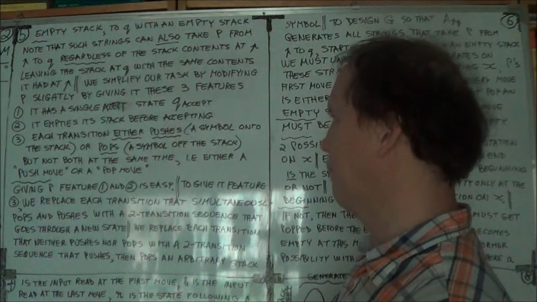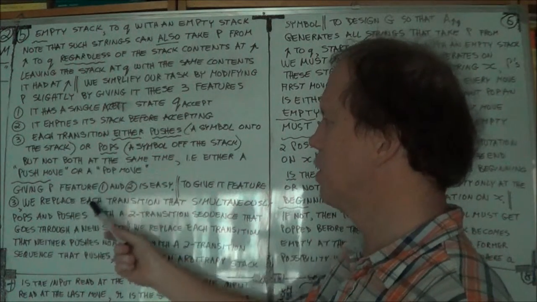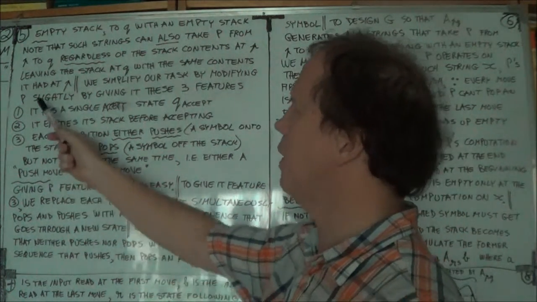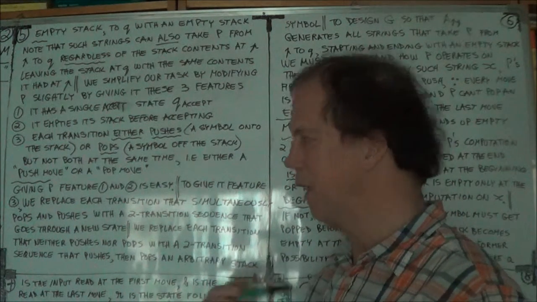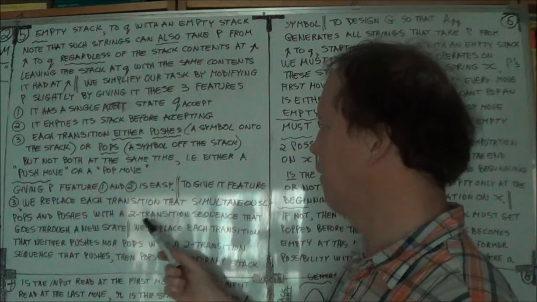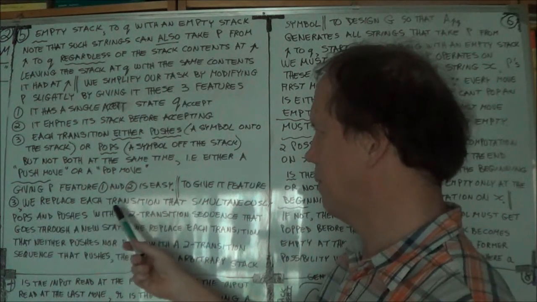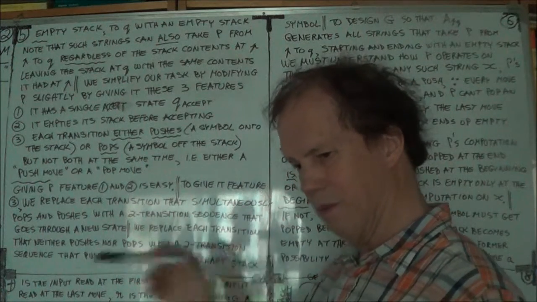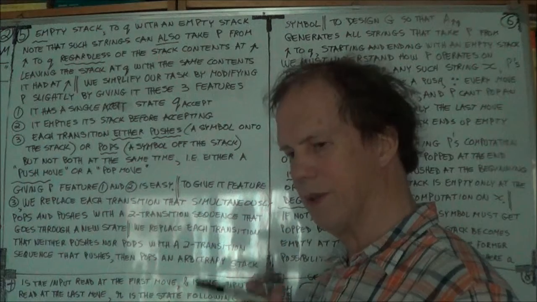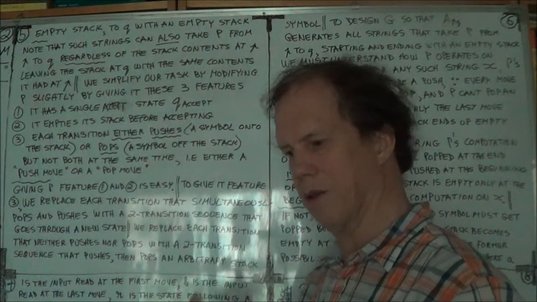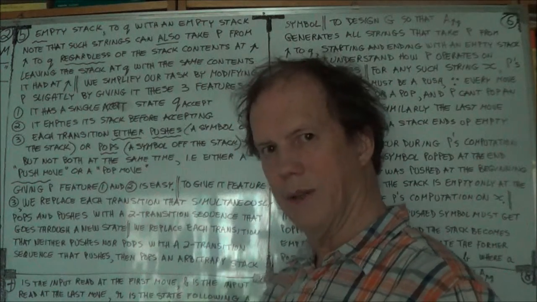Well, in the original P, the original machine, we can modify it in such a way that if you have a transition that pushes and pops at the same time, so effectively overwrites the top of the stack without the symbols below moving up or down.